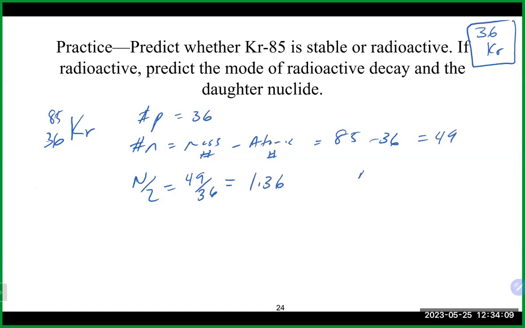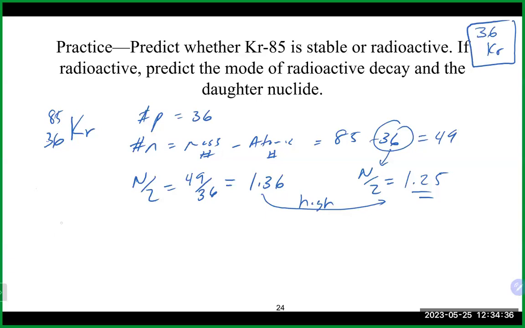Now for our acceptable ratio here, we are looking at a nuclide that is 36, so that is our 20 to 40 cutoff, which would be 1.25, I think, is the acceptable one. So as it is 36, right? So we are definitely a little bit high here.